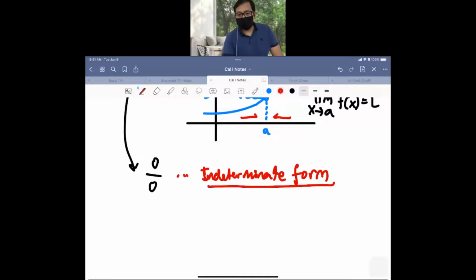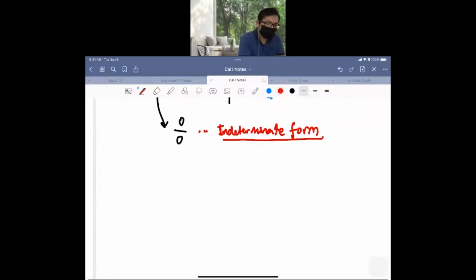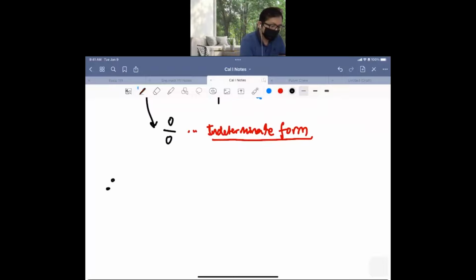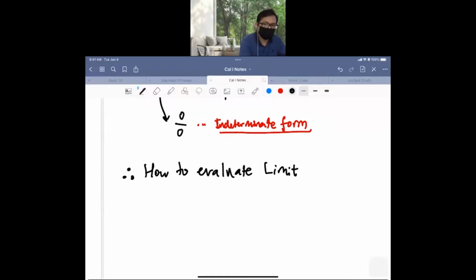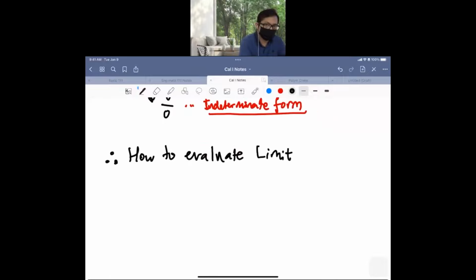Maybe I'll give you the diagram. Let me check my diagram on how to evaluate a limit. First, direct substitution.